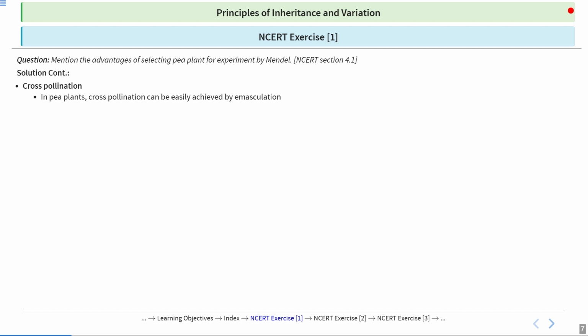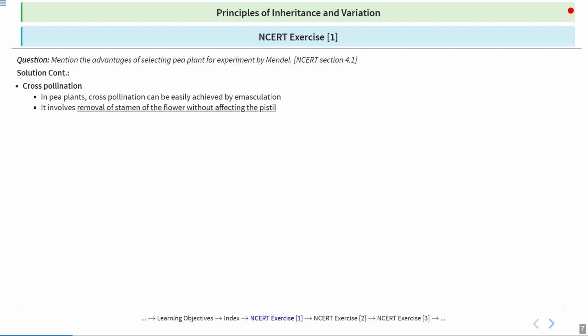So after emasculation, that flower becomes the female flower, and then pollen from another flower can be dusted on the stigma of this emasculated flower. After that, the F1 progeny was obtained. And then the F1 progeny was selfed to obtain the F2 progeny. Clear?